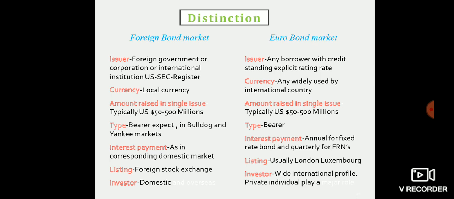Listing is on foreign stock exchanges, usually, in the foreign bond market, whereas listing is in London and Luxembourg in the case of the Eurobond market. Investors in foreign bonds are domestic, because the currency issued is the domestic currency, whereas Eurobonds have a wide international profile. Private individuals play a role.